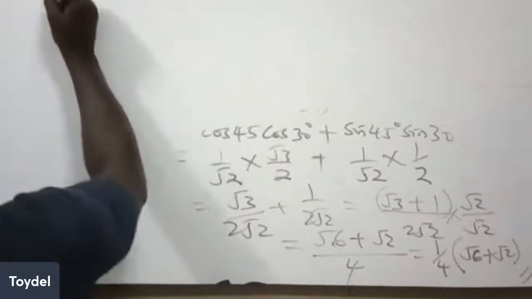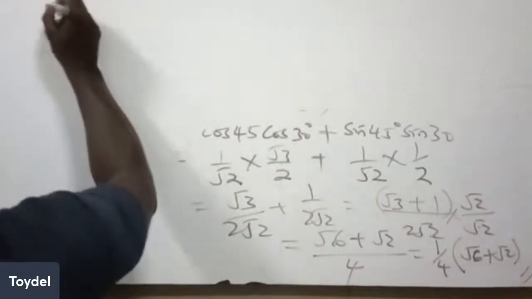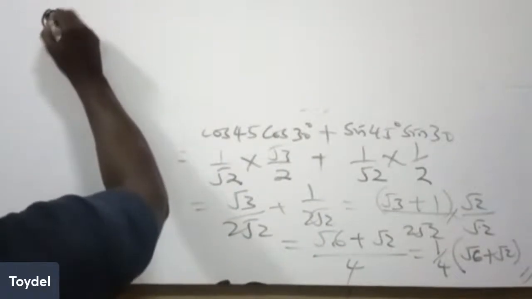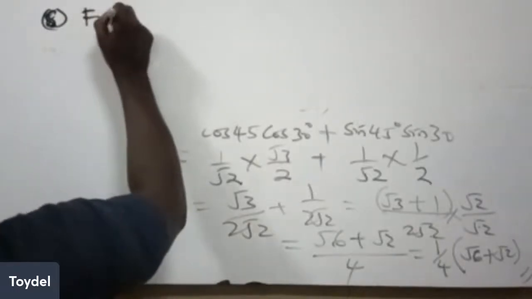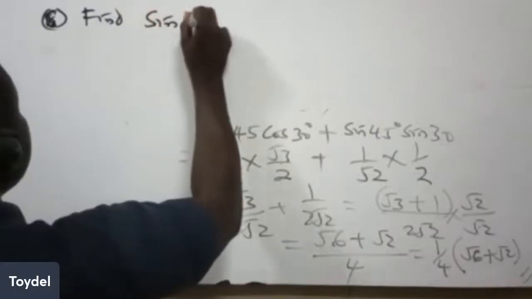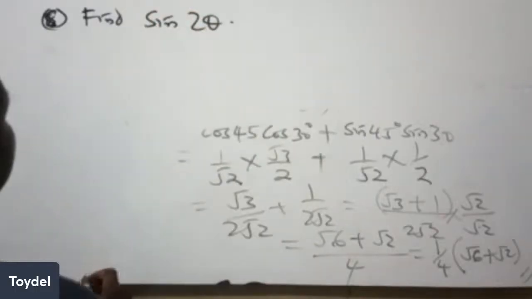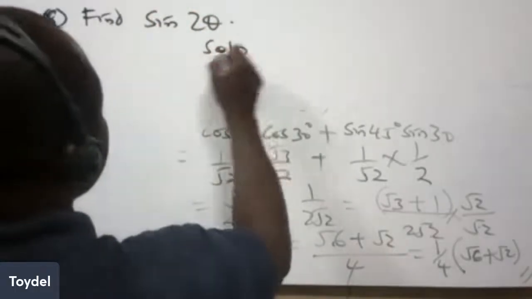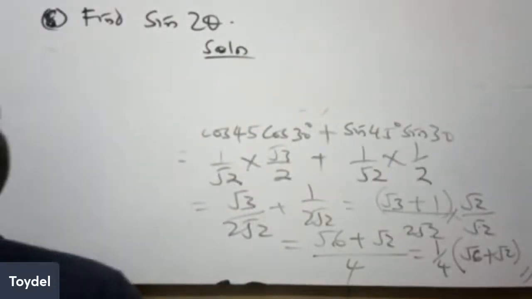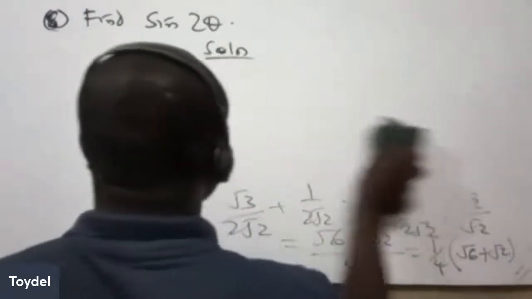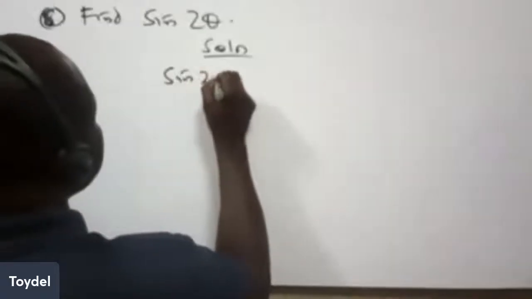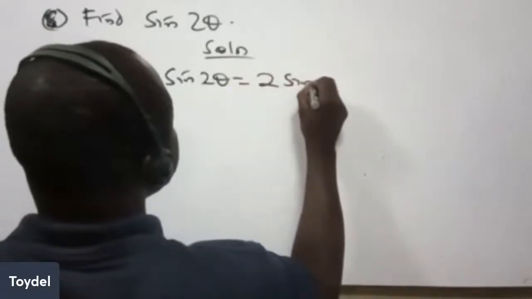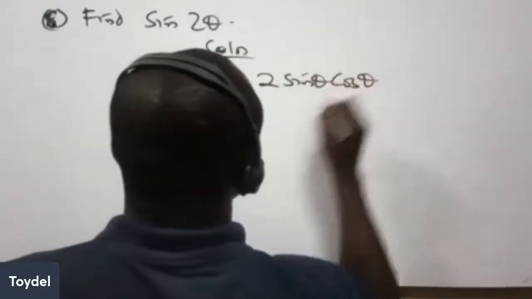Then still under the same question, let's find sine 2 theta. This is a question under double angle. How do we find sine 2 theta? It has its own formula. Sine 2 theta is given as 2 sine theta cos theta.